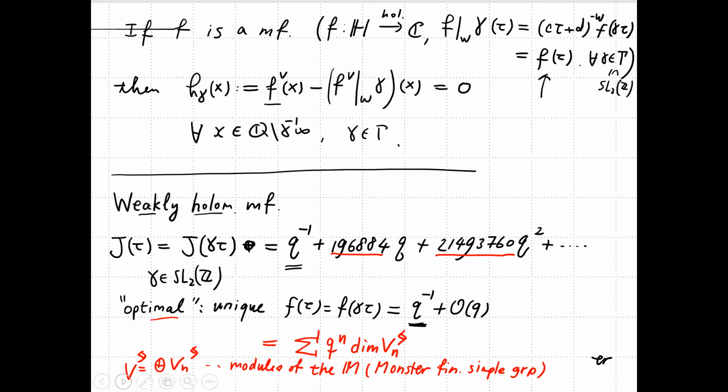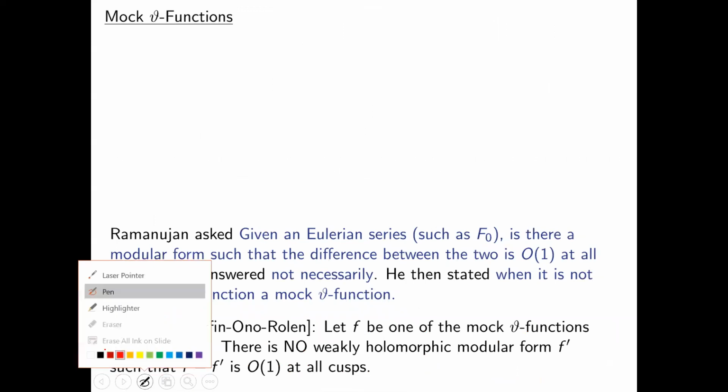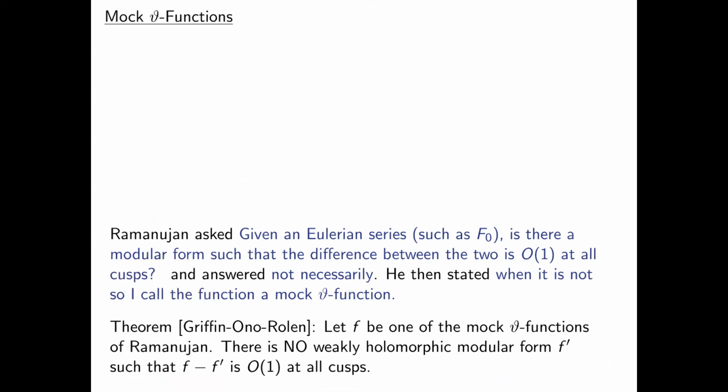So now, as we said, this property is very nice, but it just means modularity. And then what's the more general behavior for a function near the cusps? Another nice set of examples is provided by Ramanujan. He wrote down a bunch of functions in the form of some q-hypergeometric series, or Eulerian series if you wish.